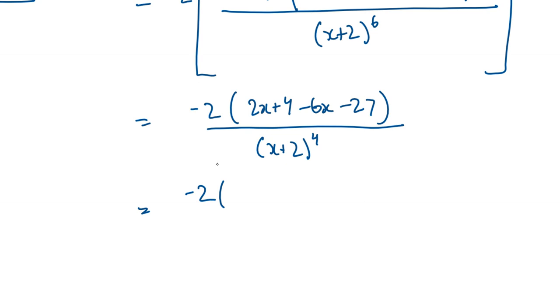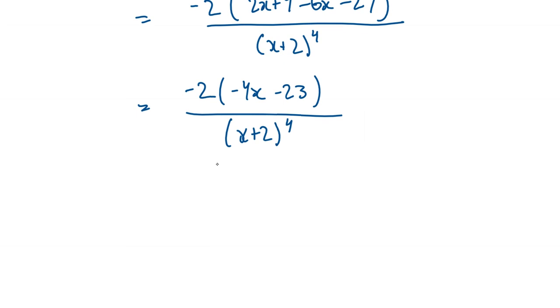Let's see. 2x minus 6x is negative 4x. And 4 minus 27 is negative 23. And I'm going to factor the negative out of that bracket and cancel it with the negative in front of the 2.